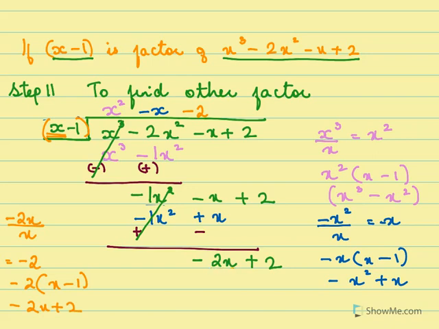So we'll put here minus 2x plus 2. Now we change signs. The minus is plus and the plus is minus. Now this cuts out and the remainder comes 0. And this is the remainder expected. The remainder has to come 0 because we know x minus 1 is a factor.